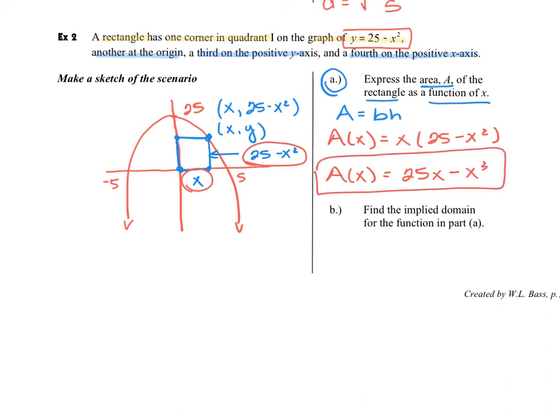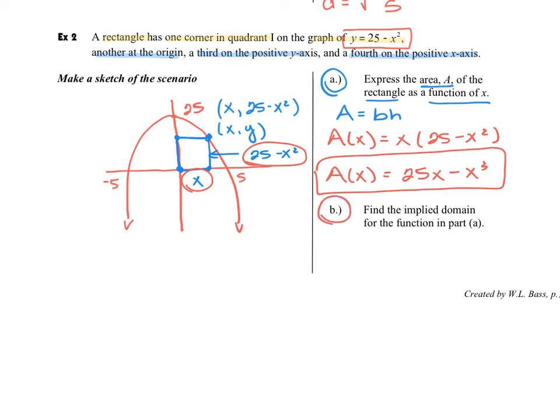So that's our function. So if you could type this into Desmos, then what we will be able to do is maximize the area of this rectangle and figure out what is the largest rectangle that we could draw that's inside this parabola, which then leads us to this implied domain.